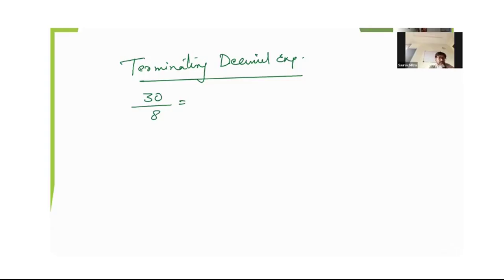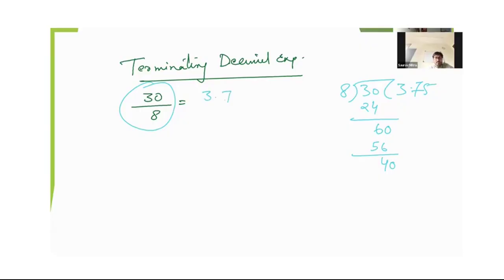If I divide 30 by 8, I will get a number in terms of decimal. So let's do it. 8 times 3 is 24, the remainder is 6. Now put the decimal. 8 times 7 is 56, and this is 45. So this can be written as 3.75.